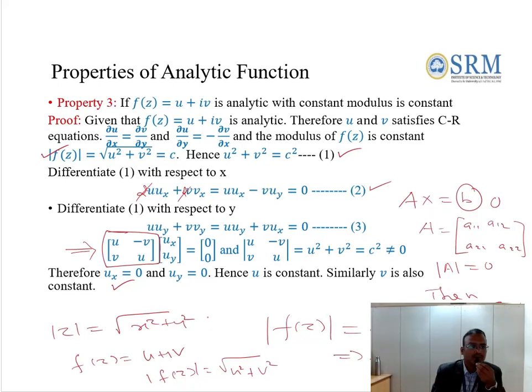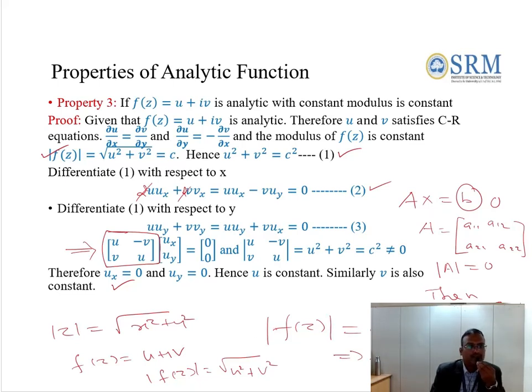Hence ux equal to 0 and uy equal to 0 by using this linear algebra result. So if the partial derivative of u with respect to x equals 0, it means there is no x. Similarly, the partial derivative of u with respect to y equal to 0 means the function u does not have y.